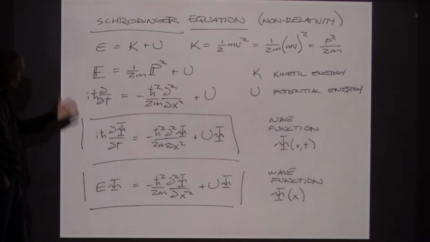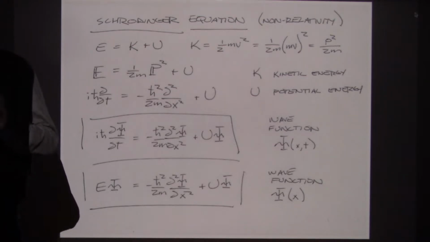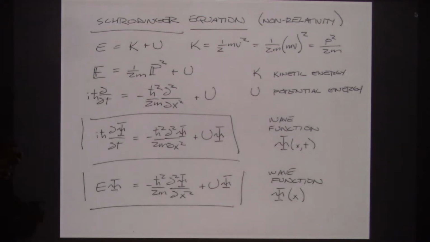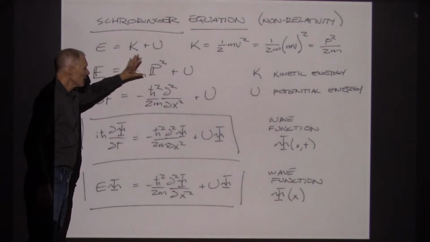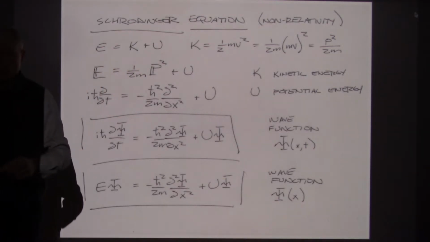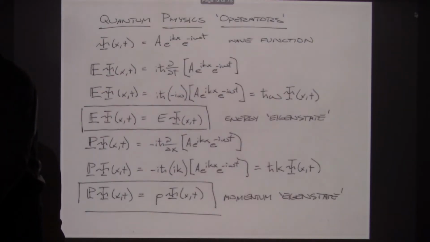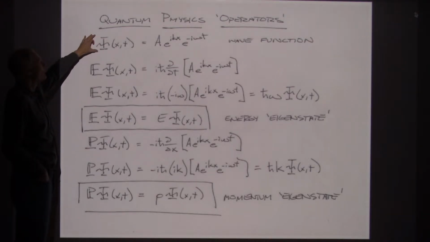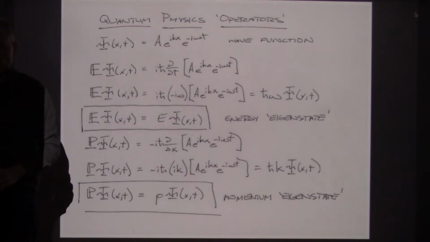So this is what the Schrodinger equation looks like. And it all comes from these definitions of energy and momentum operators, and that comes from the recognition that the generic mathematical representation of a particle is this. That is the wave function for a particle just traveling through space on its own.